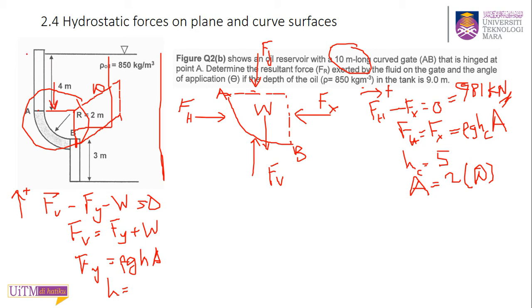So FY is acting on this plane, so this height is 4. So H is 4. What about the area? The area is the same as for FV: 2 times 10, which is 20, because this is your area.